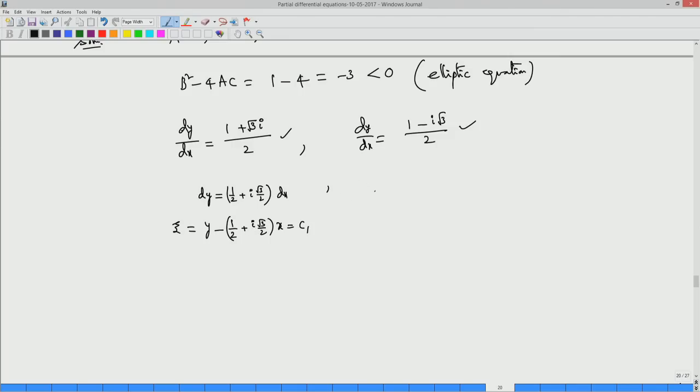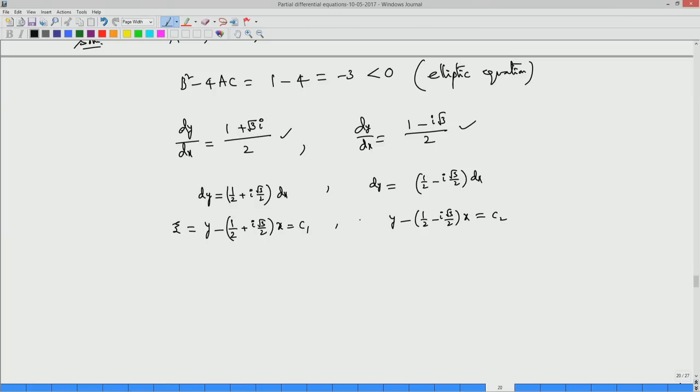And similarly here, because these are complex, if you directly do dy equal to half minus i root 3 by 2 dx, you get y minus 1 by 2 minus i root 3 by 2 into x equal to C2.